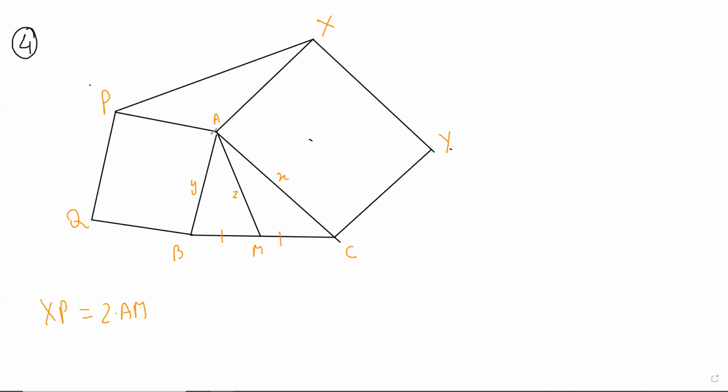Sir, won't PAC be collinear? PAC, no, they are not. Why should they be collinear? Because BAC is not 90, right?